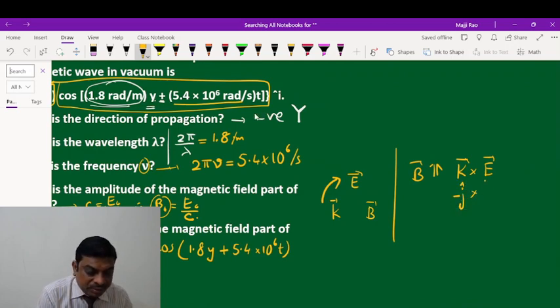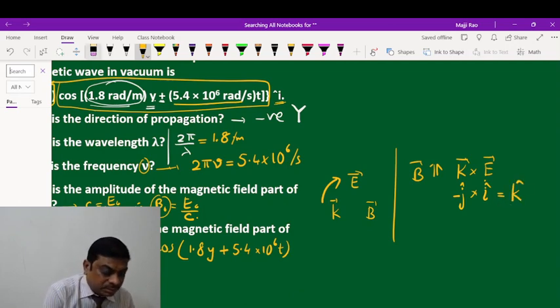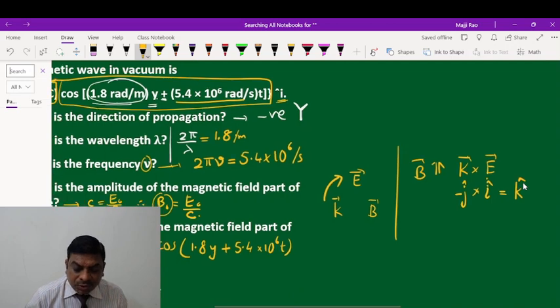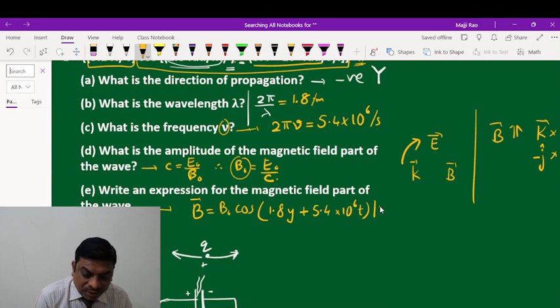Electric field is along positive x-axis. So minus j cap cross i cap is basically k cap. Okay, students. Once again, because minus j cross i will be k cap. So basically, you have to attach this unit vector in that direction.